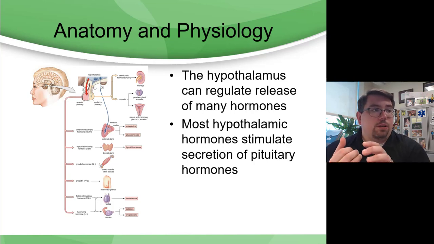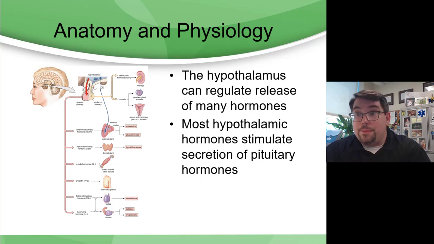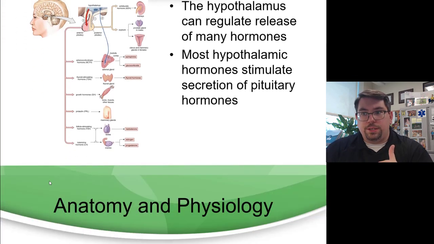Things like growth hormone releasing hormone, growth hormone inhibiting hormone, thyroid releasing hormone, gonadotropin releasing hormone, prolactin releasing hormone, prolactin inhibiting hormone. We'll get into some more of those details a little bit later, but realistically, it's all about maintaining that normal process of homeostasis.